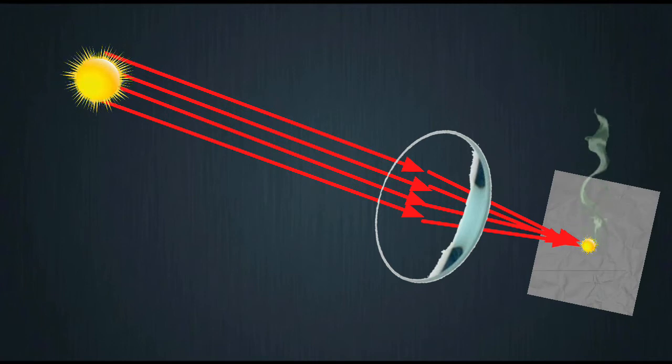If you hold the paper for 2 to 3 minutes, you will find that the paper starts burning. That is why we should not look directly at the sun with the help of a convex lens, because it is very dangerous.